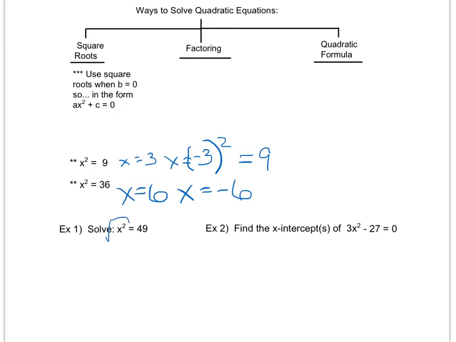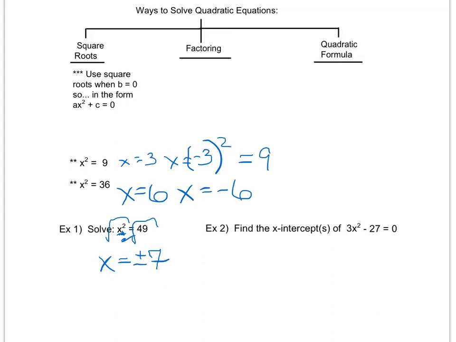I'm going to take the square root of the left. I will also take the square root of the right, but on the right I'm going to put a plus or minus out front to recognize the fact that I could get 2 different answers. And I would get x equals, I can either write 7 and negative 7 separately, or I can just say plus or minus 7 to symbolize the 2 different possibilities.